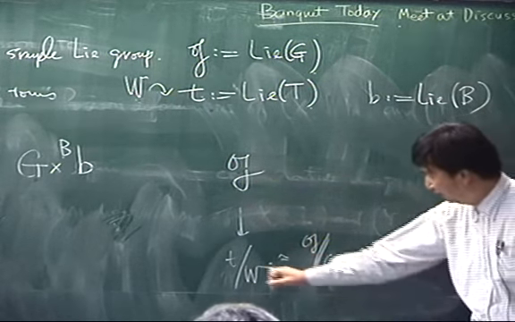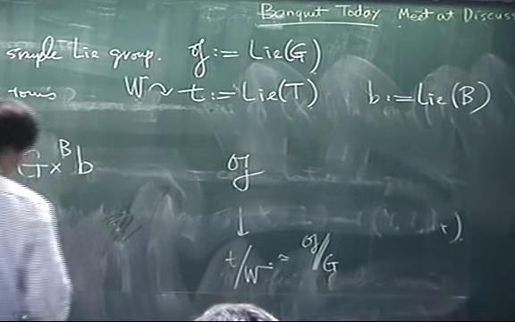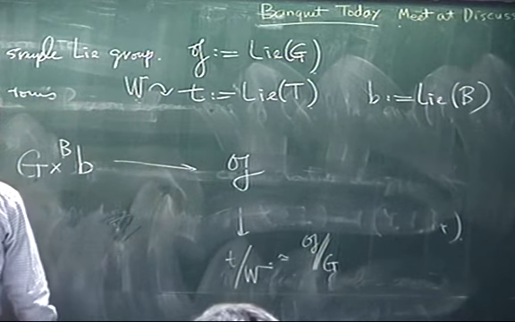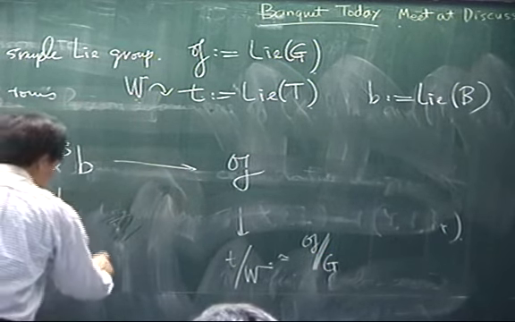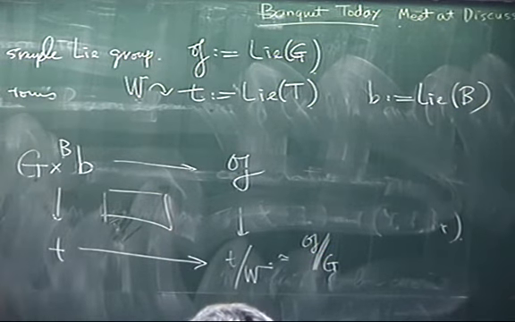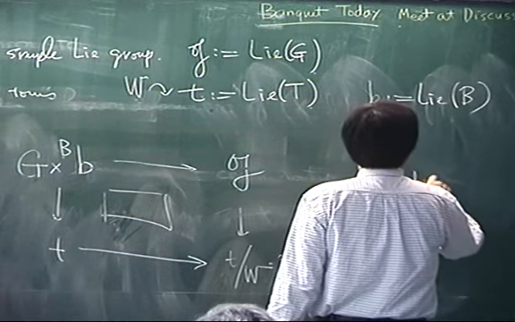The quotient is nothing but T mod W. Okay, so you have a map here and here. You have the following commutative diagram. This is a famous commutative diagram of Brieskorn, Grothendieck, Brieskorn.